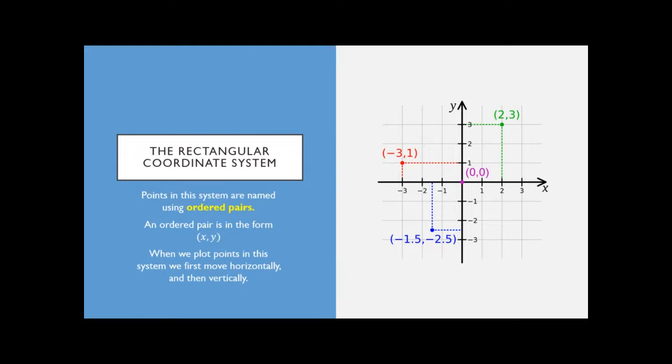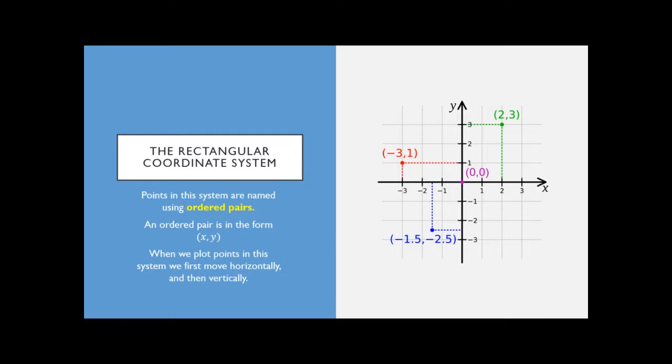And so you can see on here we've got in purple 0, 0, so that's the center. And then the light green, we have 2, 3. So it's at 2 on the x and then 3 on the y. So you're just kind of reading off of the graph and looking for the intersection if you were to extend and make a rectangle.